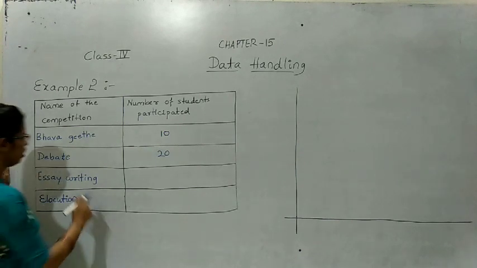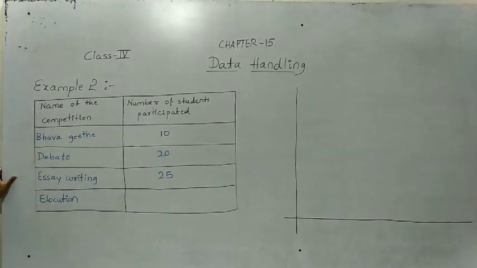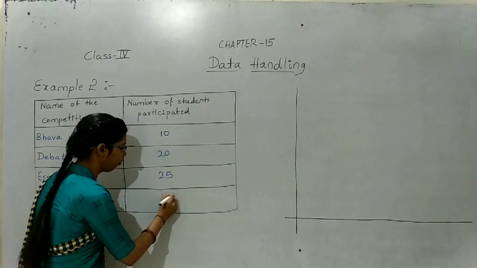Debate 20. In essay writing, 25 students participated in the essay competition. And the final one, elocution. In elocution, 15 members.